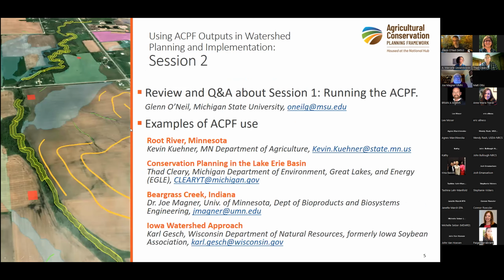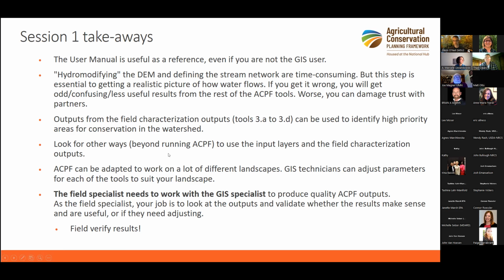Let me back up here. The ACPF is adaptable to a lot of different landscapes, but you heard Matt talk about these different parameters you can adjust, and getting those adjustments right is critical to making sure that it reflects what your particular landscape is about.